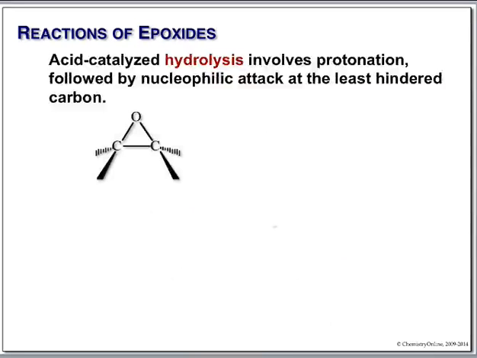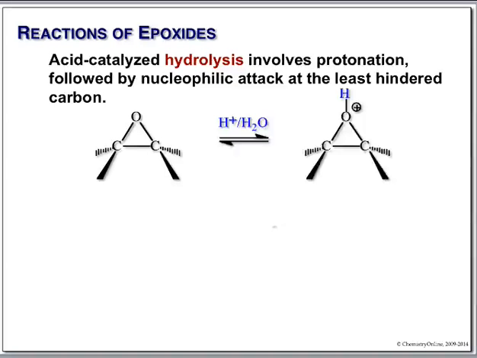If we take an epoxide and we stick it in acidic conditions, the only thing that can happen is that the oxygen will function as a Lewis base and accept a proton. So step one, we're going to protonate this thing.